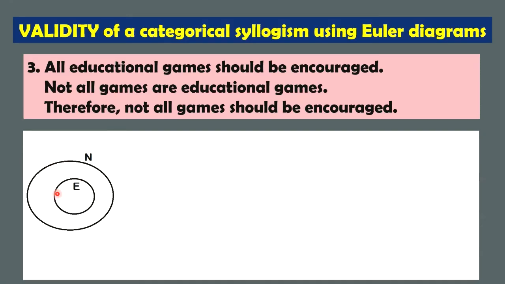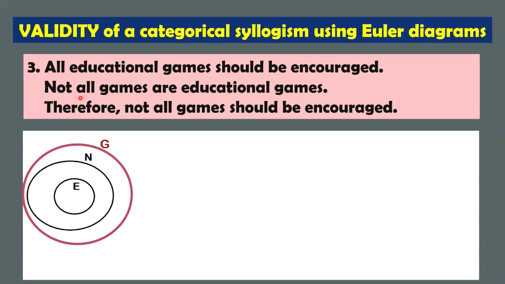So, paano tayo gagawa ng circle G? Pwedeng ganito. Yan, malaking circle G. Okay, so anong ibig sabihin niyan? Ito lang yung circle ng educational games. Ngayon, yung mga nasa labas na nito, sila naman yung mga ibang games pa.